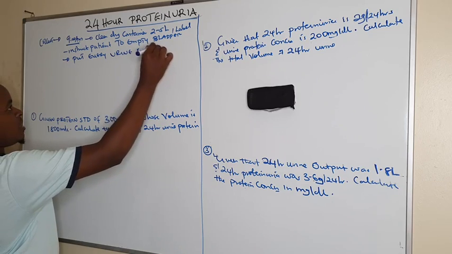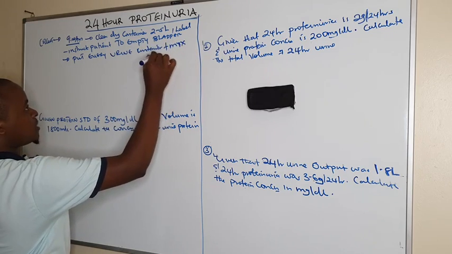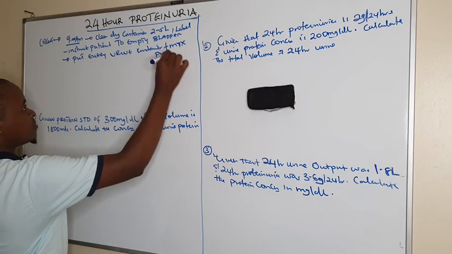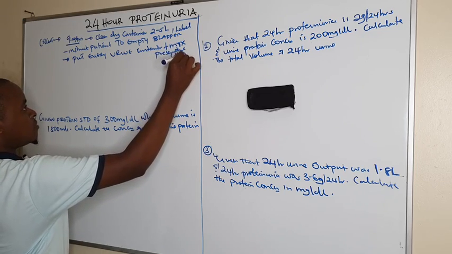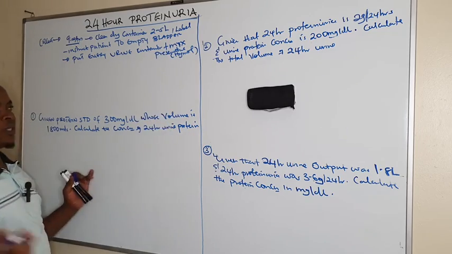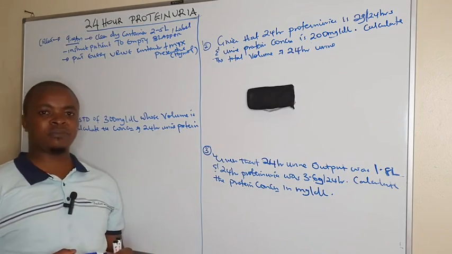And every time they add the urine, they should mix with the preservative like thymol or boric acid or any other preservative which you provide. So there must be a preservative.